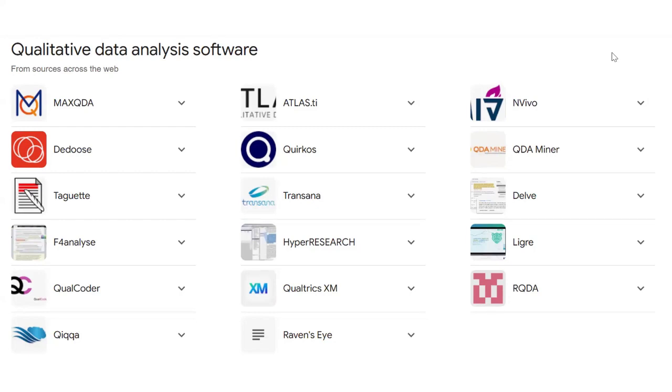Now, MAXQDA, I see a lot, partly because I'm connected to a few of the people who are quite heavily involved in the development of that over the recent years, and really trying to emphasize it as a reliable alternative to NVivo and Atlas.